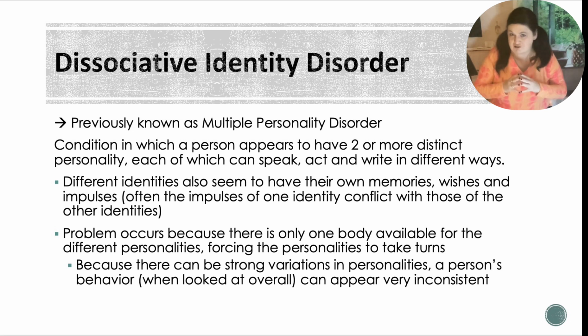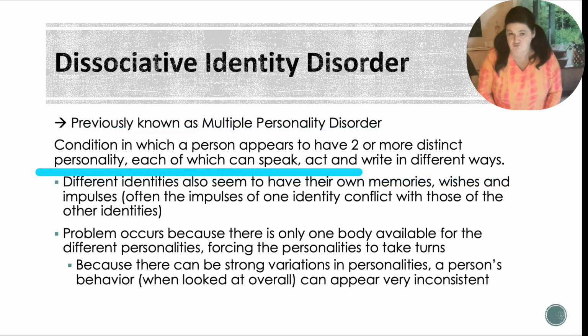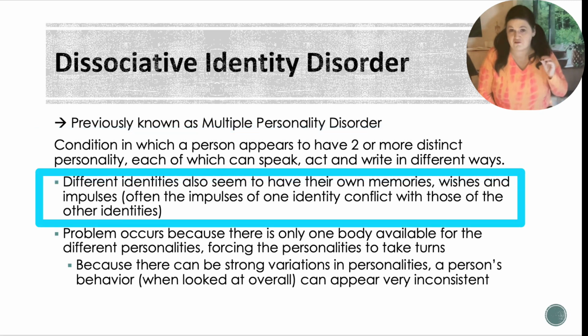So it's a condition in which a person appears to have two or more distinct and different personalities, each of whom can speak, act, and write in different ways. So we have different identities, actual different identities, seeming to have their own memories, their own wishes, their own impulses, and often the impulses of one identity conflict with the other identity.